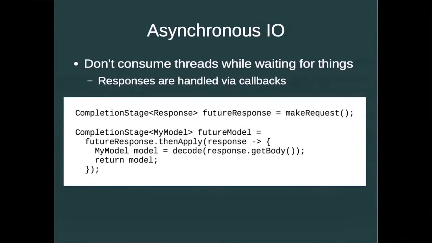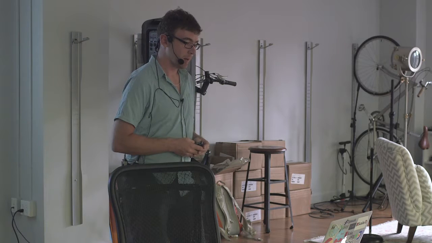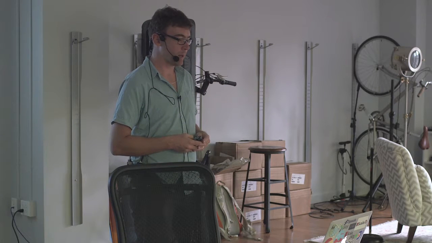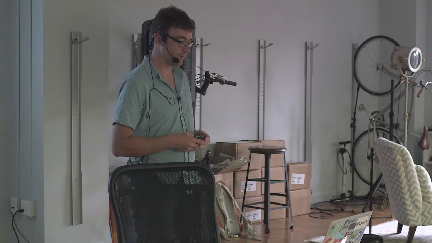You might have come across futures in Scala or promises in JavaScript. It's a different thing from Java util concurrent future. But it represents a value that is not available yet. It's going to be available sometime in the future.